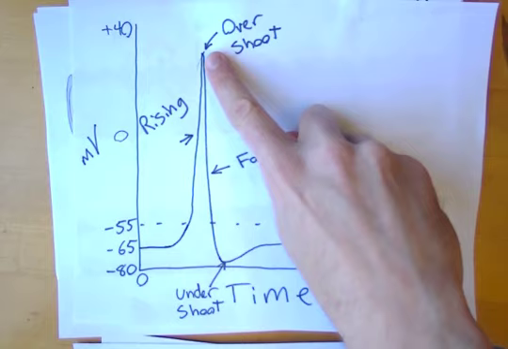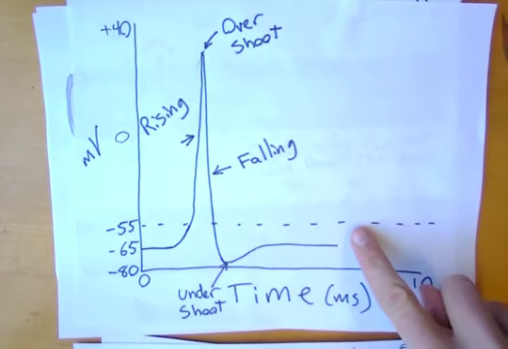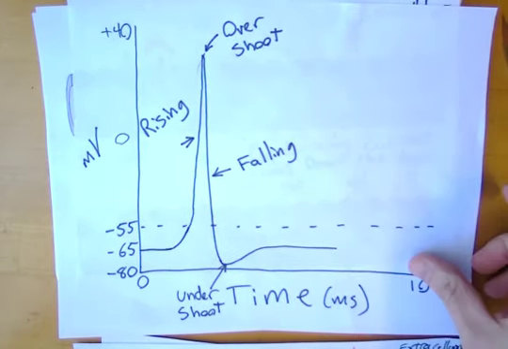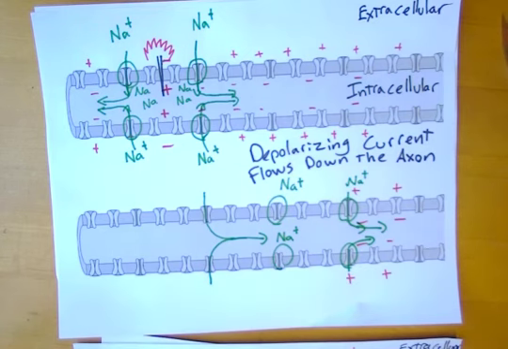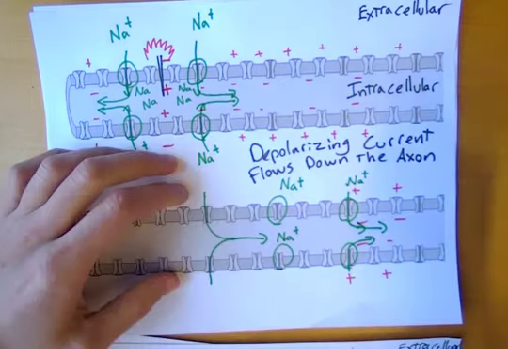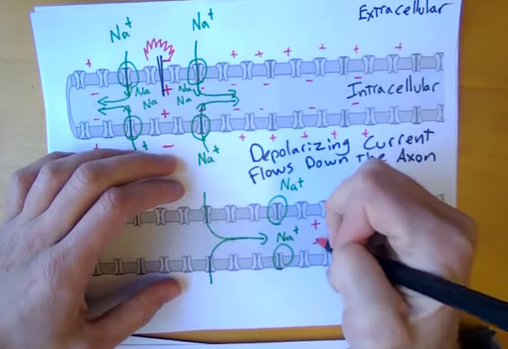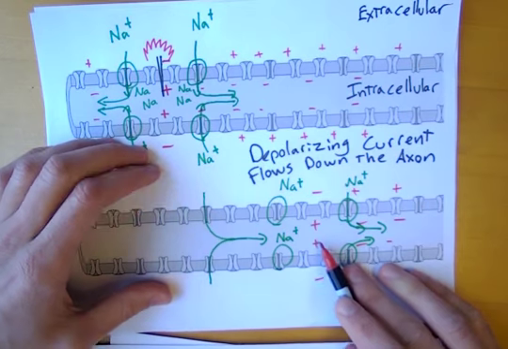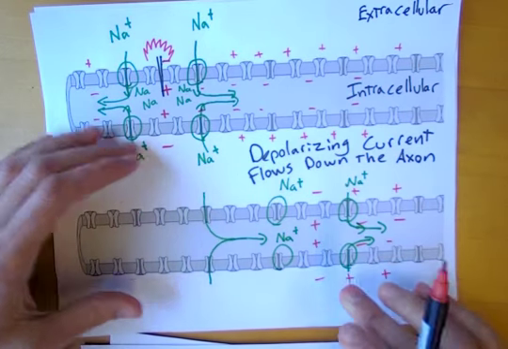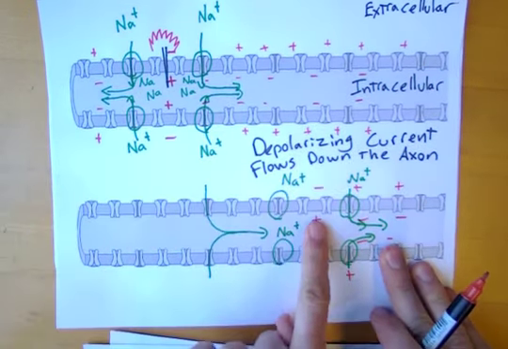It's a little spike and then it disappears again. And then we eventually get back to our resting membrane potential. So the depolarizing current doesn't last very long, but it does flow down the axon. So why doesn't it last very long, even though it's sort of carrying this localized depolarizing charge that just moves down the axon?